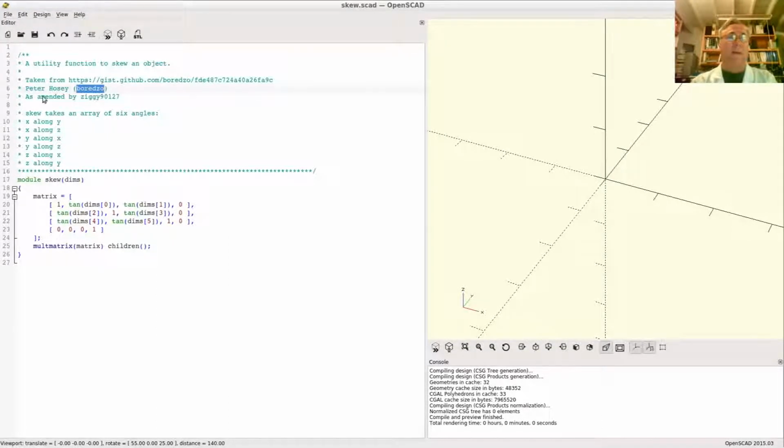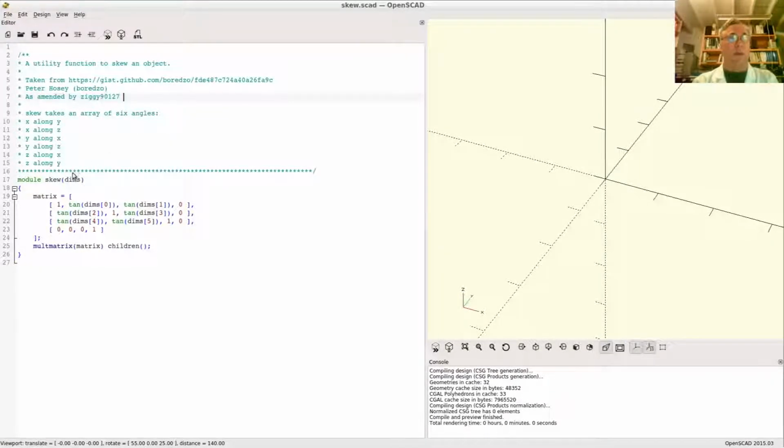It's somebody named Ziggy90127, perhaps from a suburb of LA, given that zip code, I don't know. This is one way to skew things. It is documented in the OpenSCAD doc, but this specific example seemed pretty cut and dry on this link.